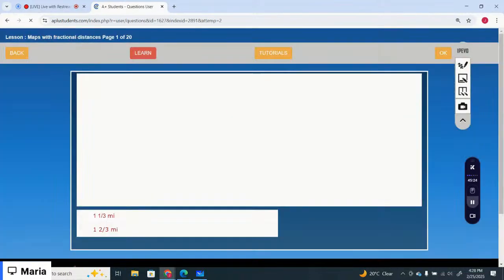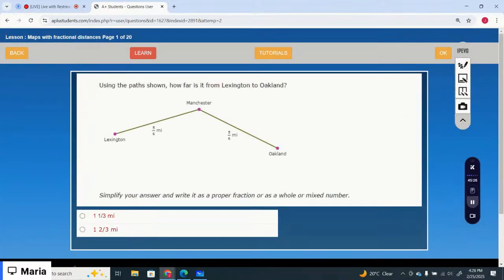Okay, let's start with the test questions. You can have a look at the tutorial by yourself later today. They are already solved. Okay, using the path shown, how far is it from Lexington to Auckland?